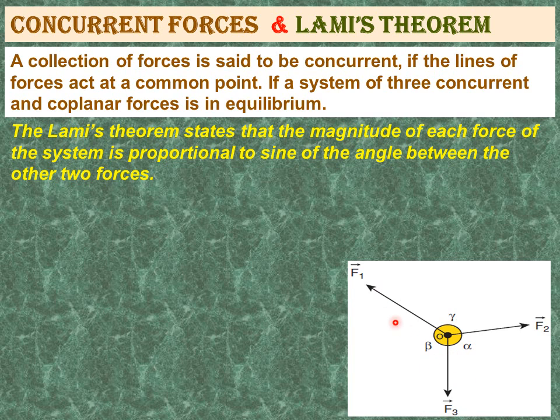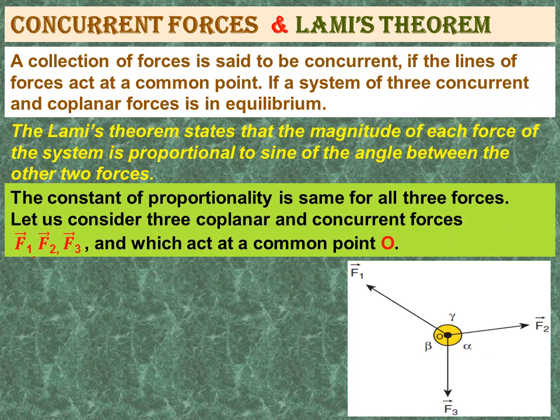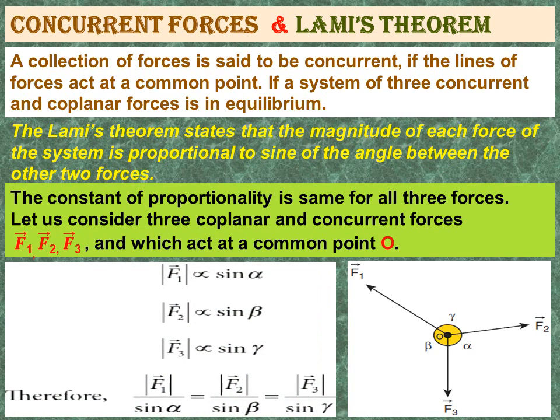Likewise, F1, F3 and F2 have their own angle values like alpha, beta and gamma. So the constant of proportionality is the same for all three forces. Now, let's consider the three coplanar and concurrent forces F1, F2 and F3, which act at a common point O here.